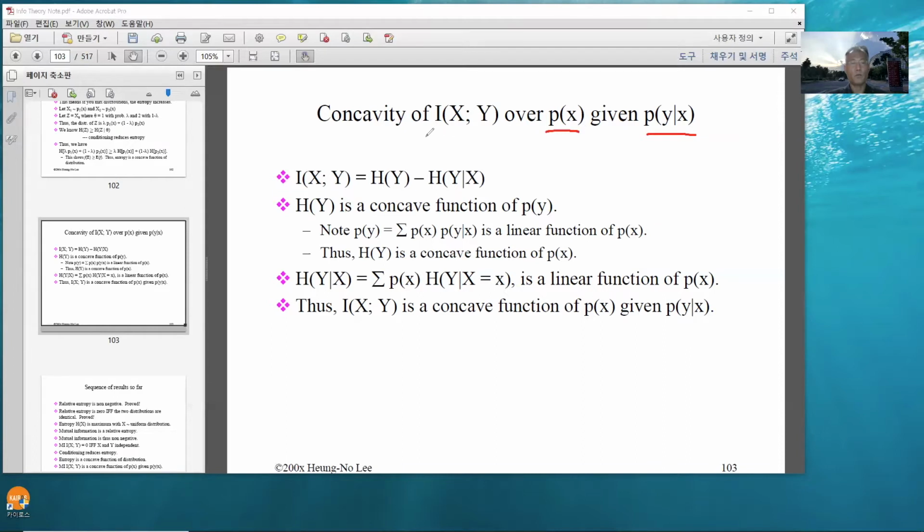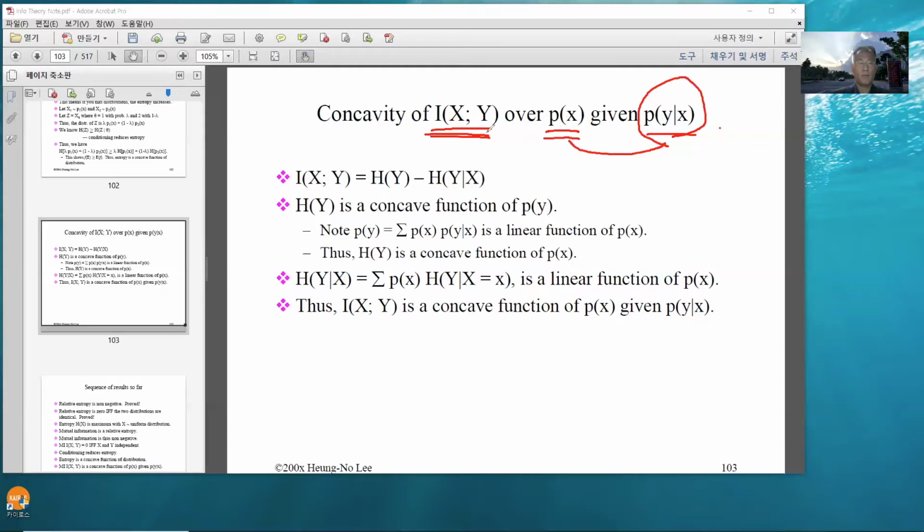So mutual information between X and Y is a function with these two, but since this one is fixed to be a number, you are having p(x) as the variable only. So this is a function of p(x) only, given this statement. So we can talk about concavity or convexity of this function over input p(x), given the other fixed.